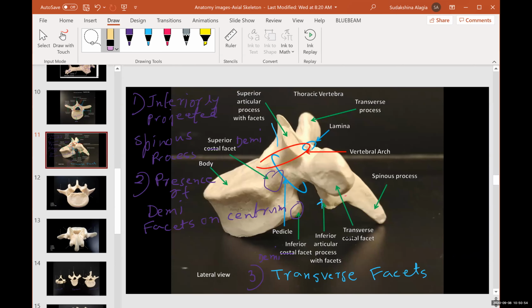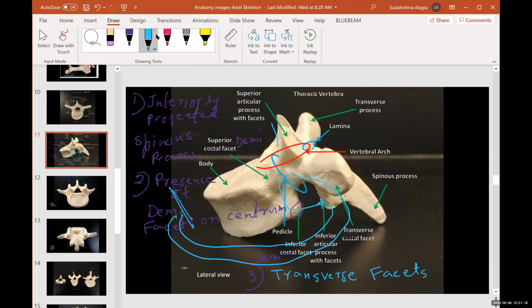If you have to draw the rib here, a rib has a head also, which would be attaching here. Basically the rib will attach here, here, and then project anteriorly. That's how the rib will be, and it would attach to the sternum here.